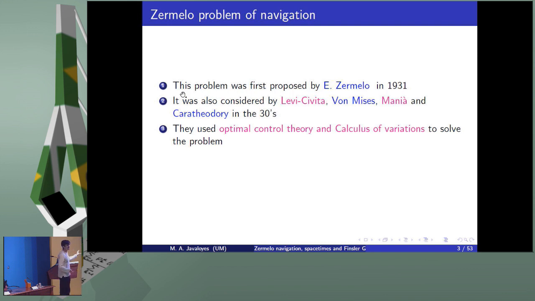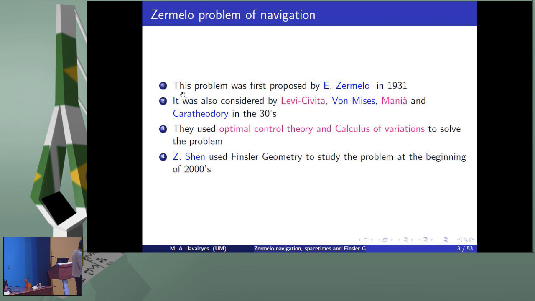They solved the problem using calculus of variations and optimal control theory, like in the talk yesterday by Enrique. But recently, around 2000, Zhongmin Shen found a different solution. He found that you can solve this problem using Finsler geometry.